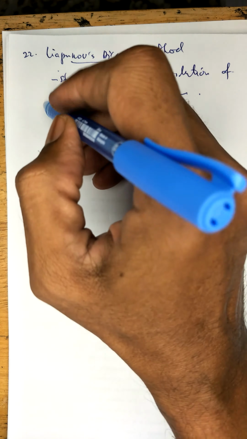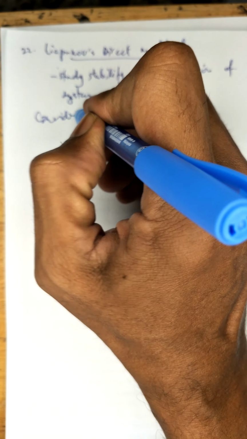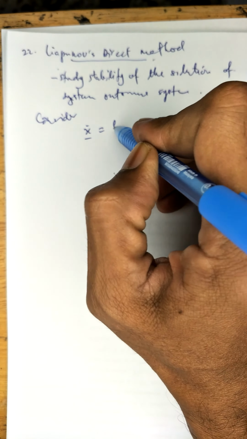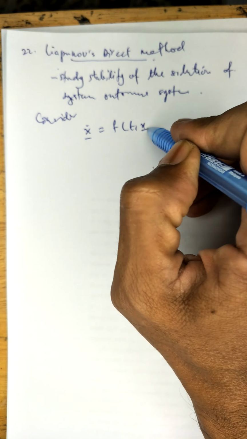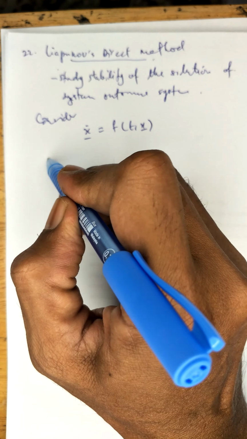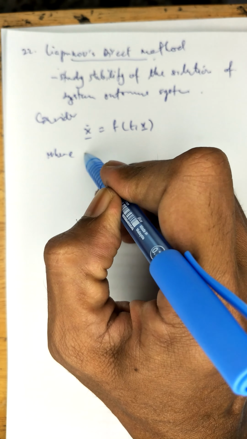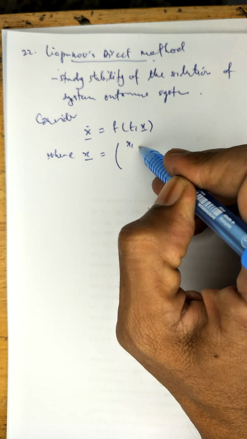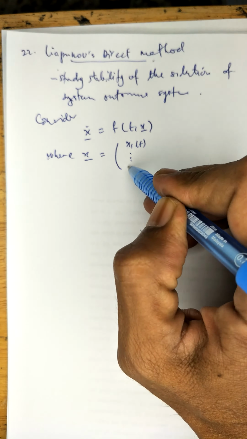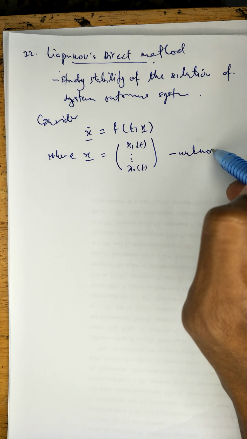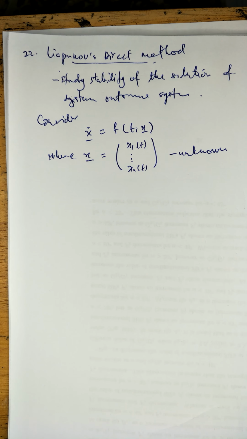Now let's consider this system, x dot equal to f(t, x), where x is an unknown vector function, x1(t) to xn(t).